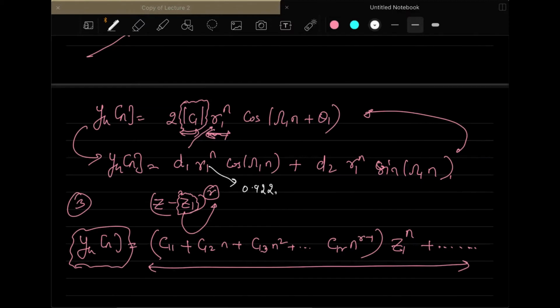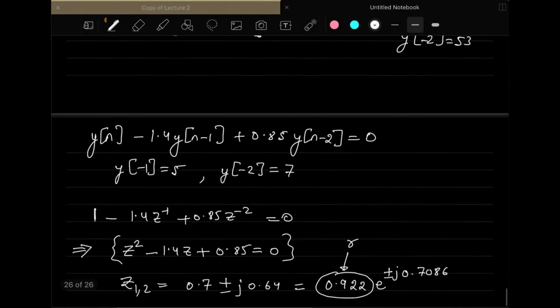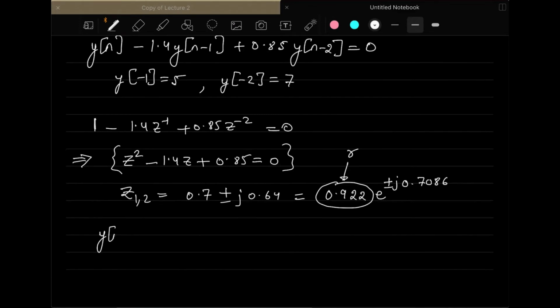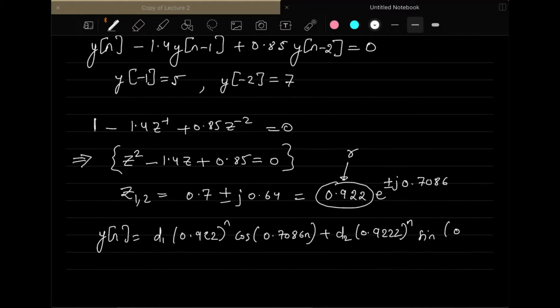and the corresponding value of the angular frequency omega 1 will be 0.7086. So now if you substitute these values from the solution of the complex number that you got, what you will get is y[n] = d1 (0.922)^n cos(0.7086 n) + d2 (0.922)^n sin(0.7086 n).